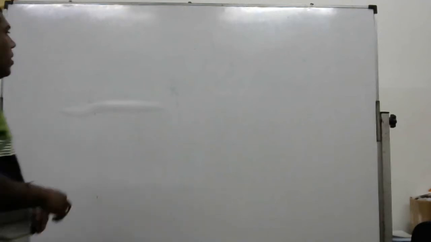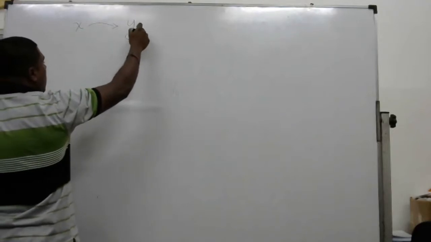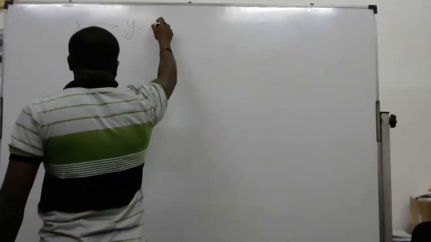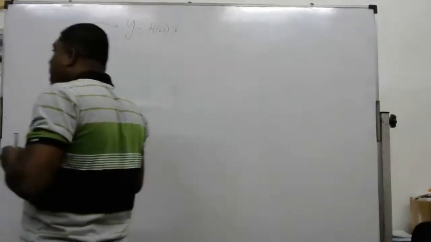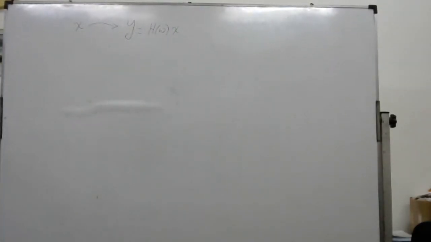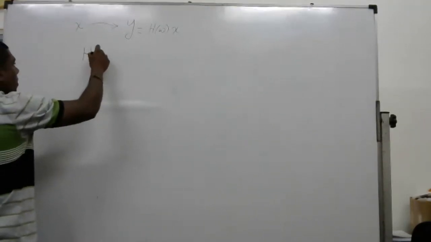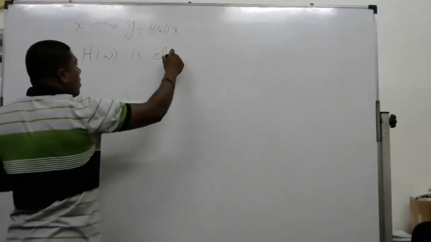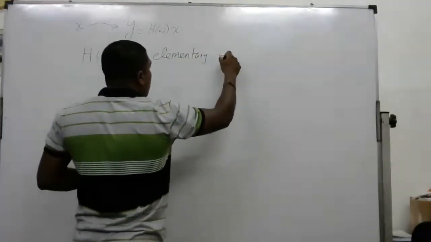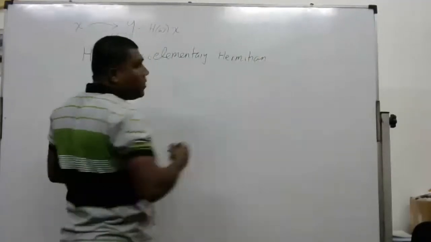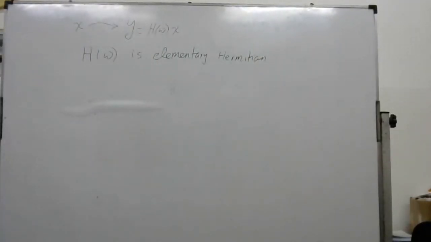All right, so let us begin. Last time we saw a lemma or theorem which says that when you are given a vector x, you can convert it into a vector y, which is a multiplication of H omega with x, where H omega is an elementary Hermitian matrix.